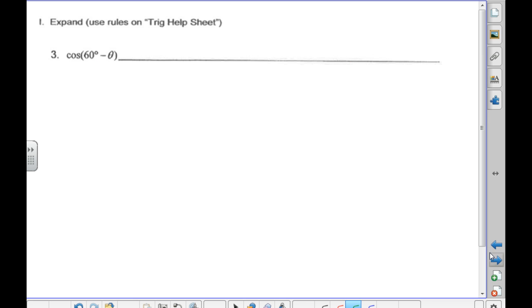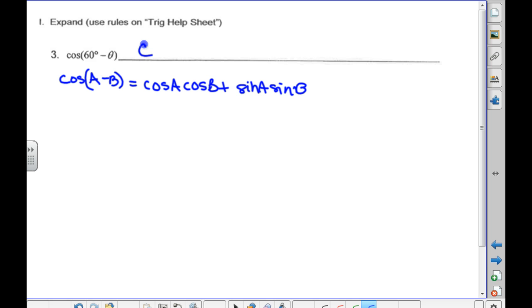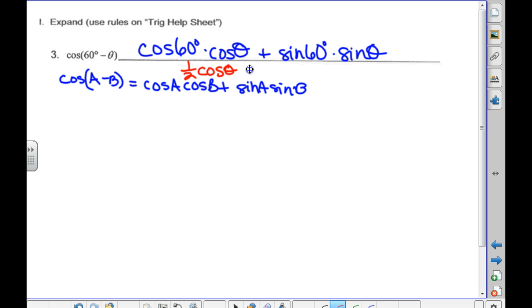All right, are you getting the hang of this? Could you try this one? Anybody get that? 1/2 cosine theta plus square root of 3/2 sine theta?